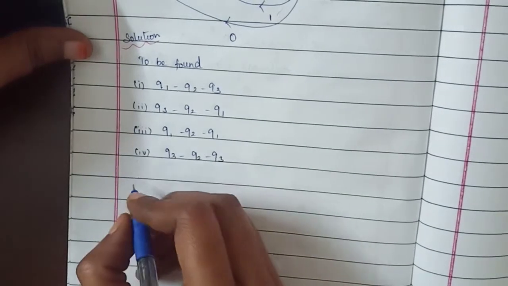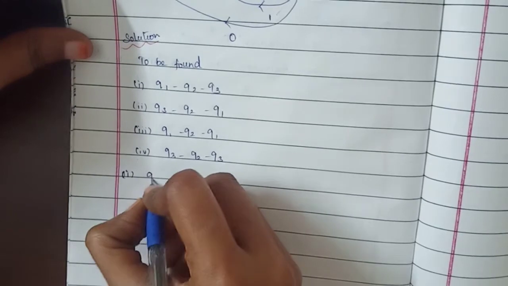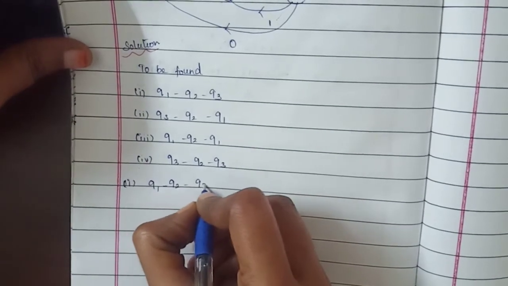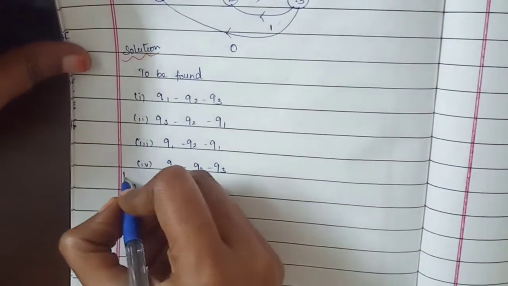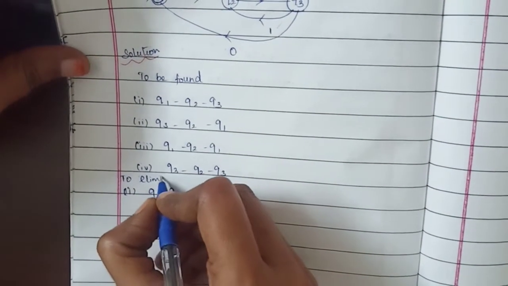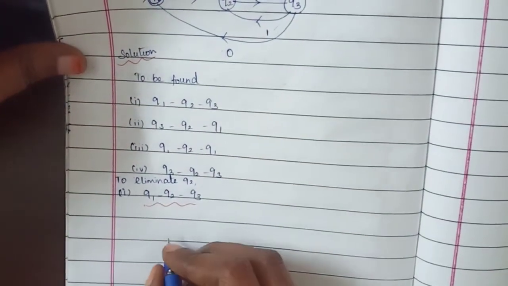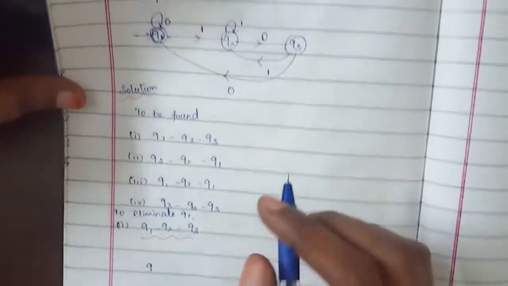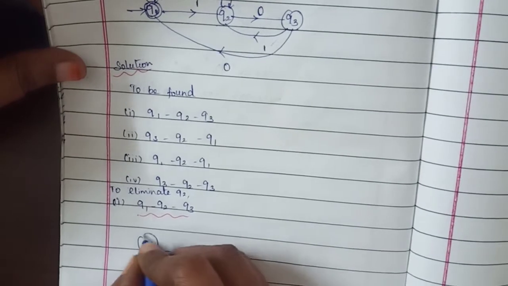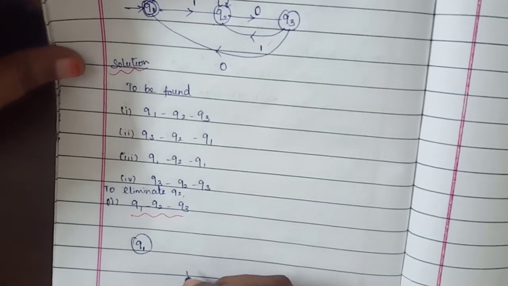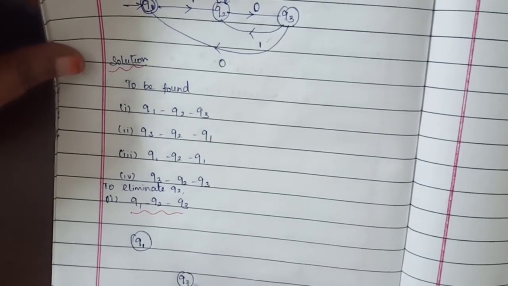The first case is q1, q2, q3, where we solve to eliminate q2. Looking at this transition diagram, we have to redraw it as per our state elimination rules. q2 is the state to be eliminated.